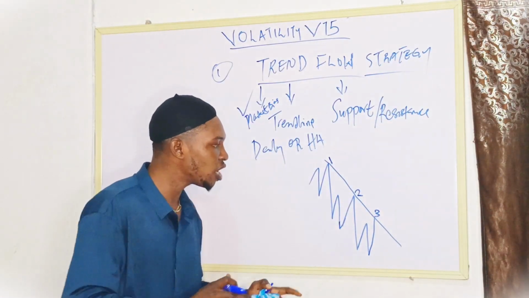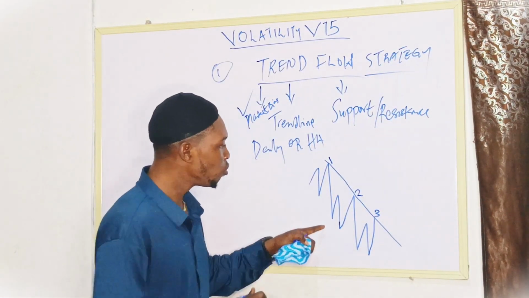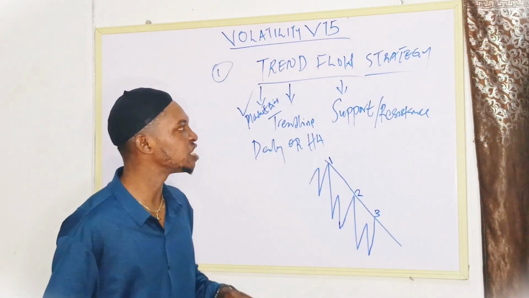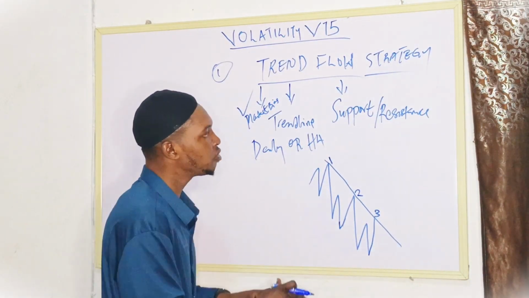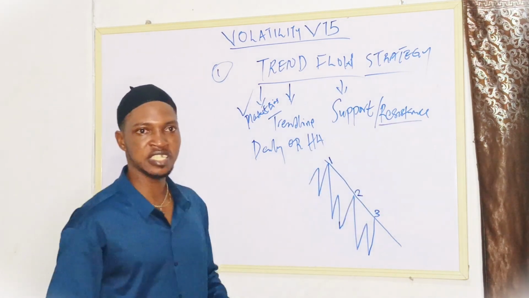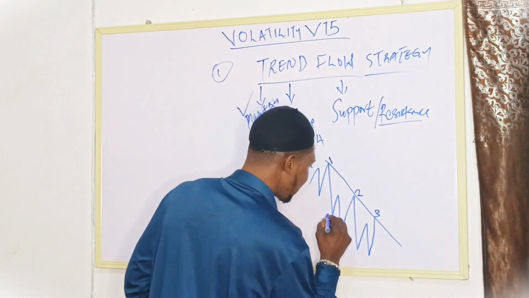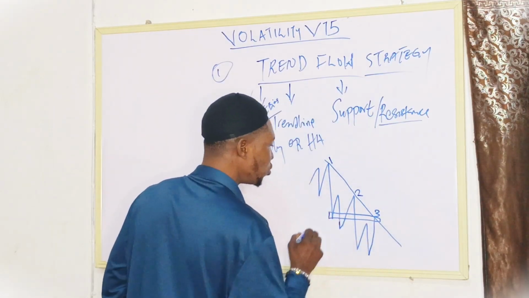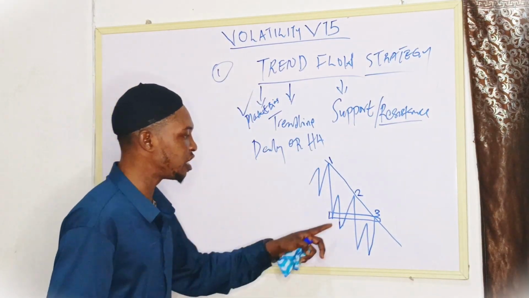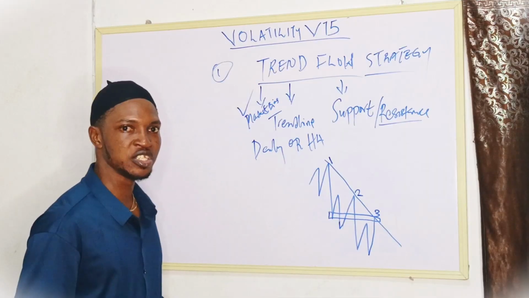So you are going to look out for a region which could be a support or resistance level. Since we are looking out for a sell, we will be looking out for a resistance level around here. And these are just areas where the market is changing direction when it comes in contact with the zone.